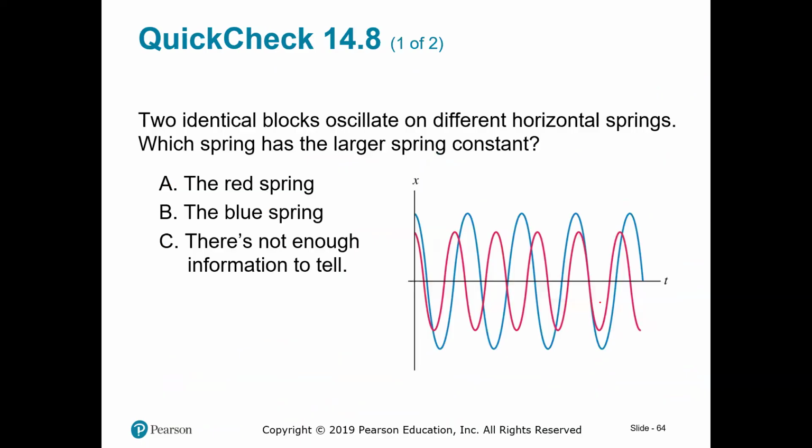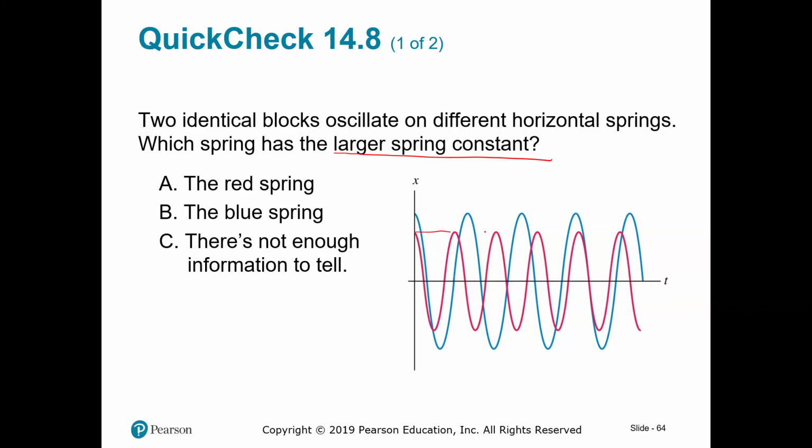Right? So now let's think about this question. We have two identical blocks oscillating on different horizontal springs, right? Which spring has a larger spring constant? You can forget about what we just did, right? So which one has more frequency?